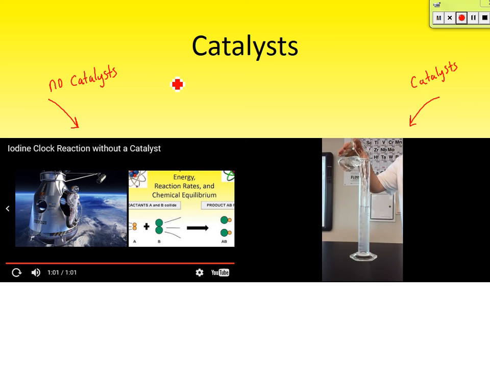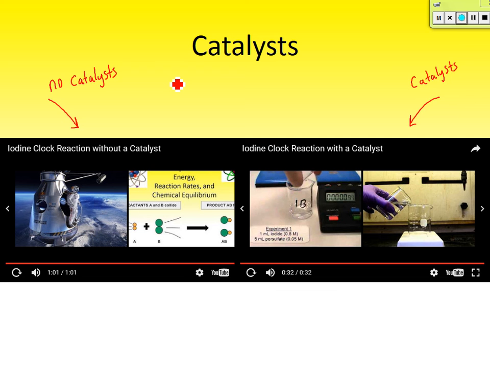And I think you'll notice a drastic difference here. So it started, and then instantly it's already to the top of the tube, it's just happening as fast as he's pouring it in now. And so you can see with a catalyst how much faster the reaction rate is.